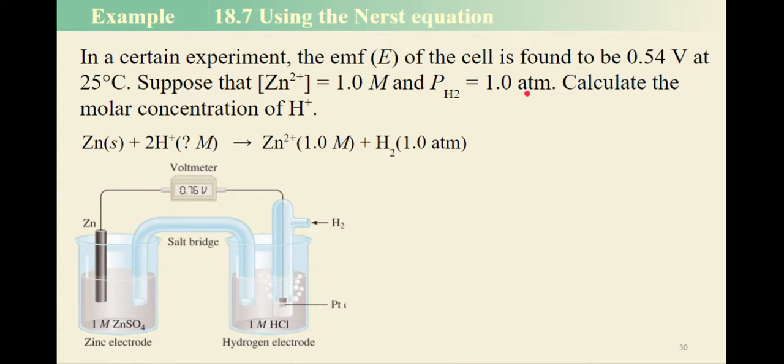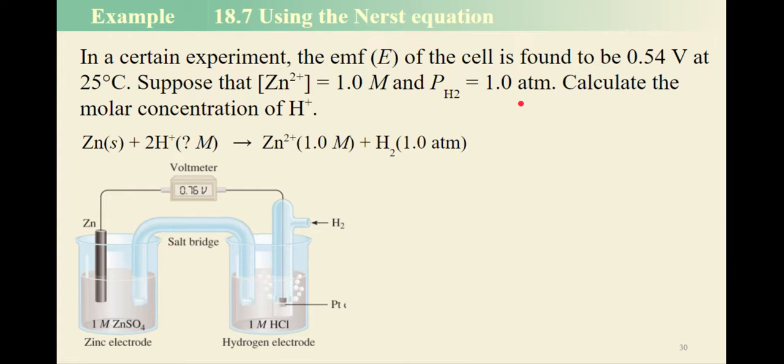Another example using the Nernst equation. This one is essentially how a pH meter works. So a pH meter sends an electrode in an acidic solution, and it measures electrical conductance, the cell potential, and by knowing that conductivity, the voltage that it's able to carry, it can figure out the hydrogen ion concentration, thus the pH.